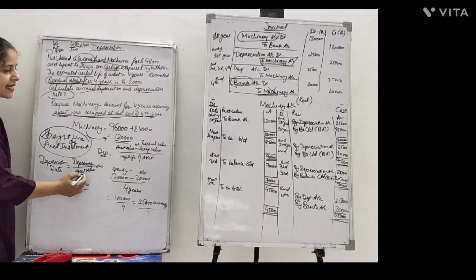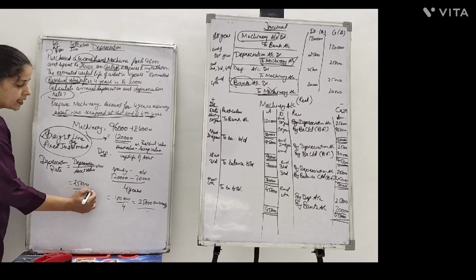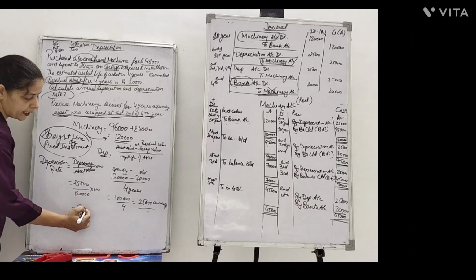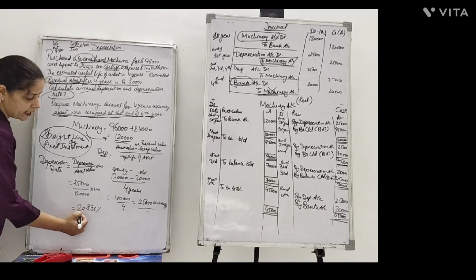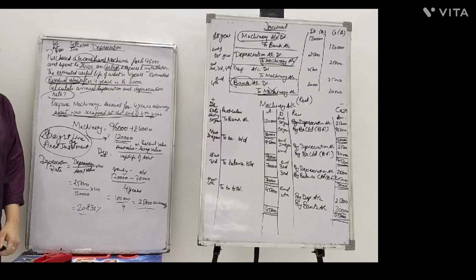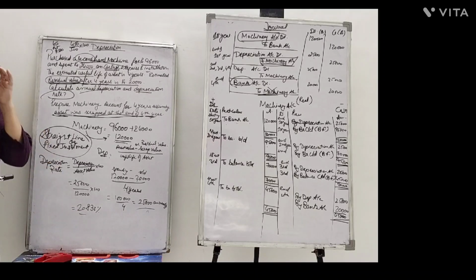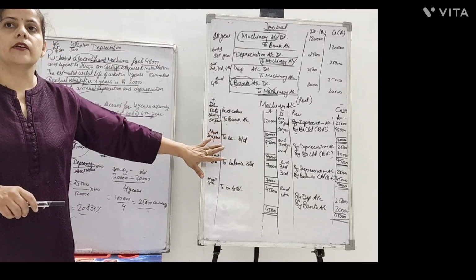What was the asset value? That was 1,20,000 into 100. The rate comes to 20.833%. So that's how the depreciation is done in the case of the machinery account.